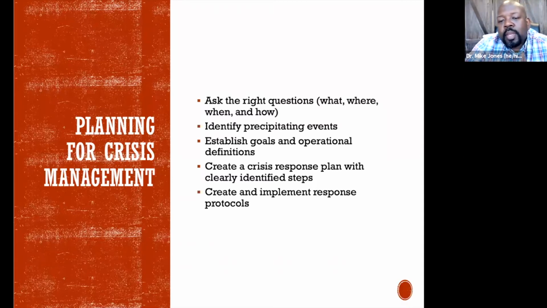And then we want to be able to create a crisis response plan with some very specific steps that will lead them towards health.